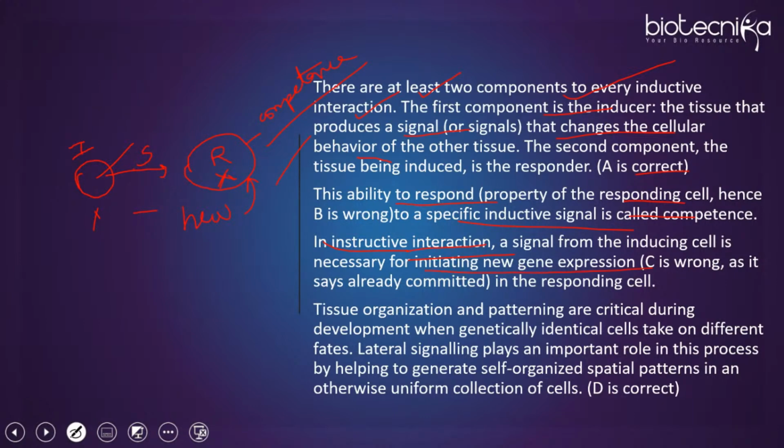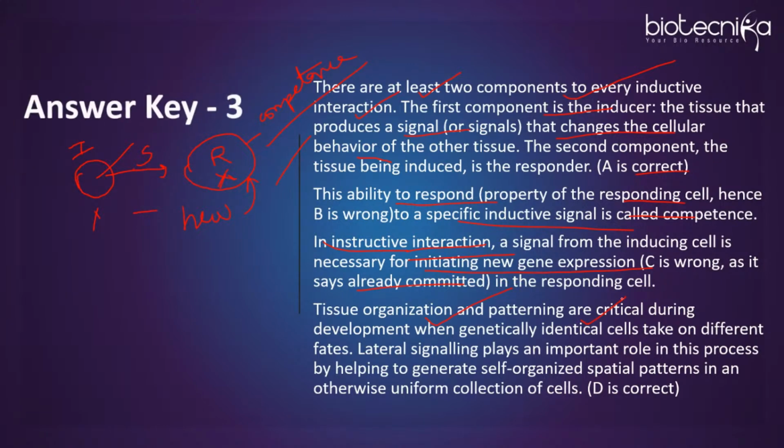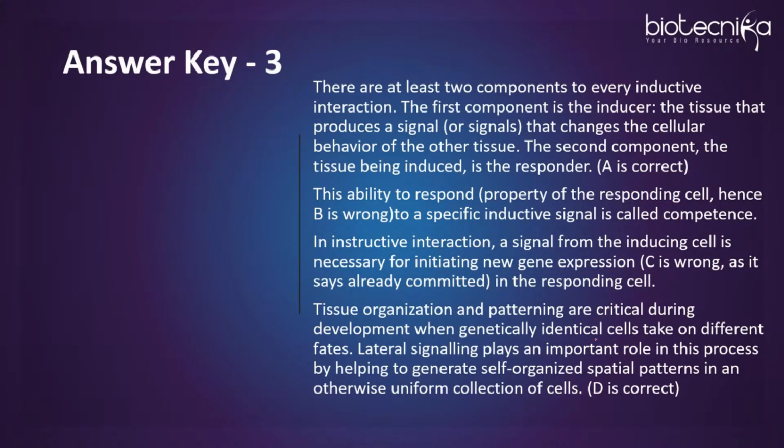But it was saying that in instructive interaction, the signal is given to cells which are already committed. That's not correct. If they're already committed, they would have already got instruction. But this is for getting new gene expression. So C is wrong.